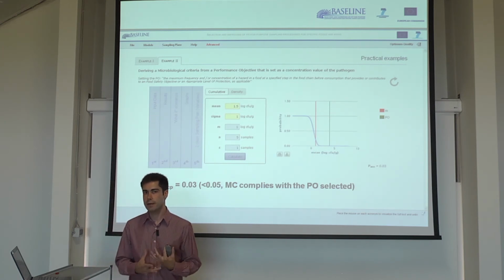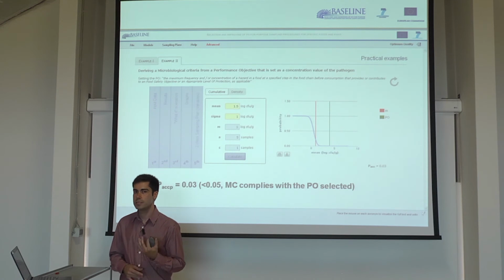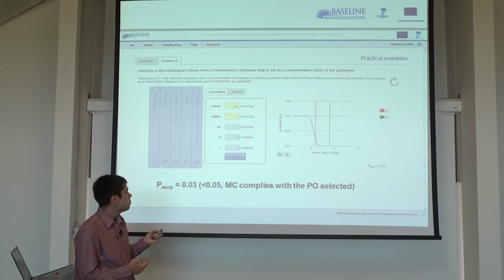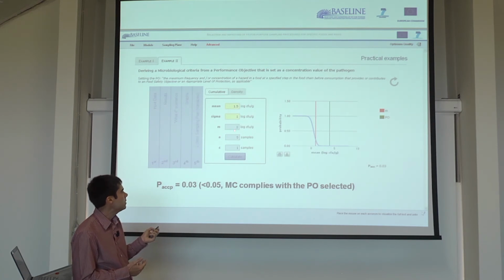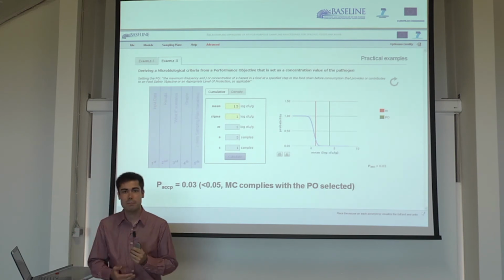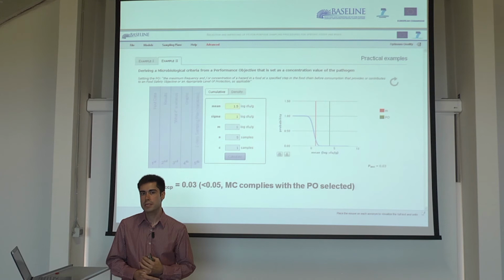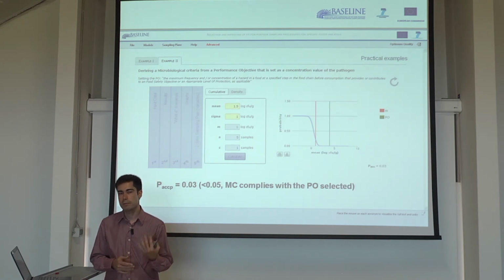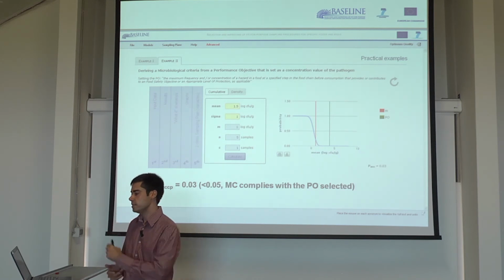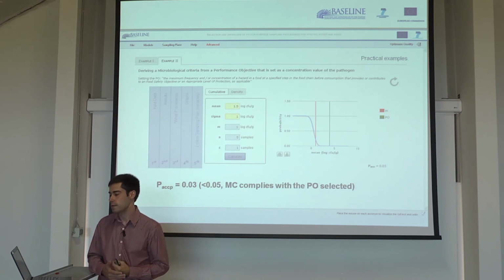We can derive a microbiological criteria from this established PO. In this case, the software allows the user to introduce the microbiological limit and also to set a sampling plan, to introduce the number of samples and the maximum allowable number of samples that cannot exceed the specified microbiological limit.